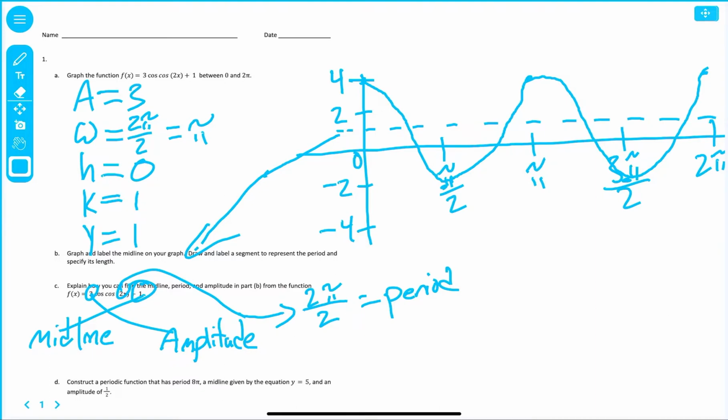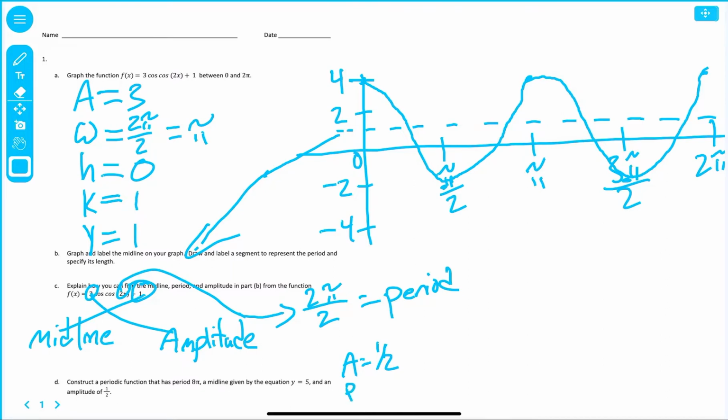All right. D says, construct a periodic function that has a period of 8 pi, a midline given by the equation y equals 5, and an amplitude of 1/2. If you want to, I would go ahead and just write it out. Amplitude is equal to 1/2.